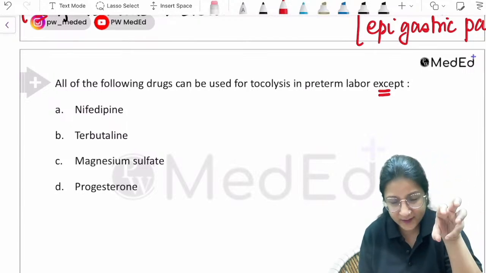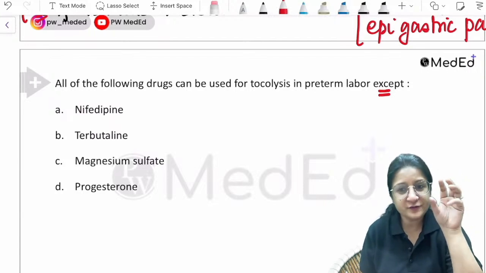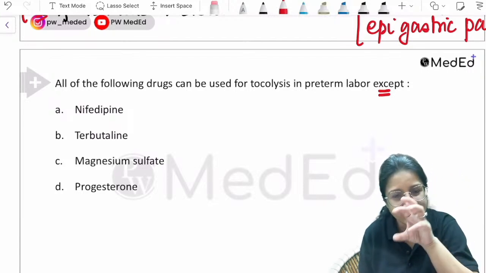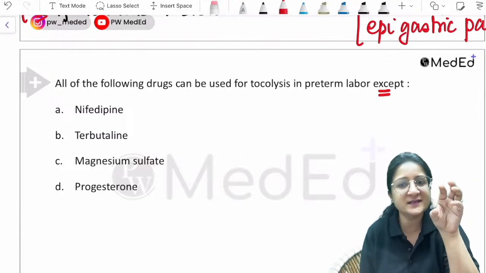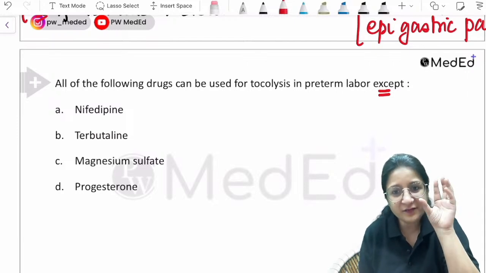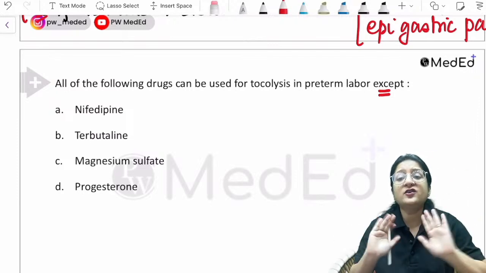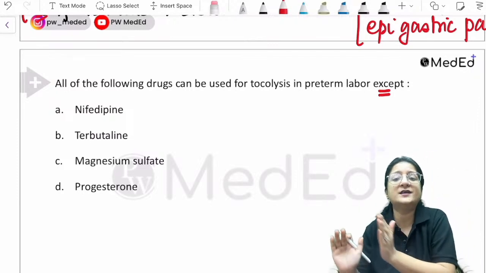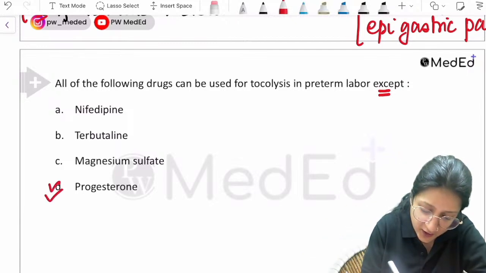Nifedipine has tocolytic action, calcium channel blocker, calcium ions responsible for smooth muscle contraction. Terbutaline, beta agonist, relaxes smooth muscles, has tocolytic action. Magnesium sulfate also has tocolytic action, but progesterone cannot stop a labor that has already started. Progesterone is not a tocolytic agent.